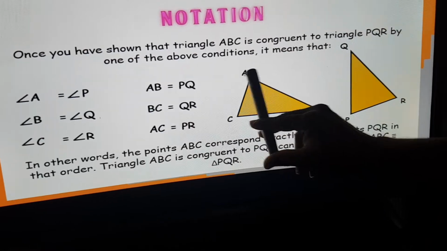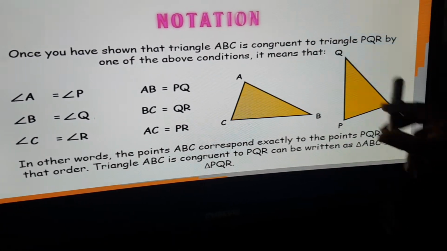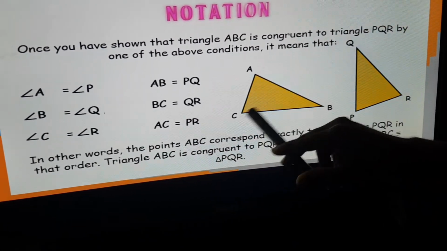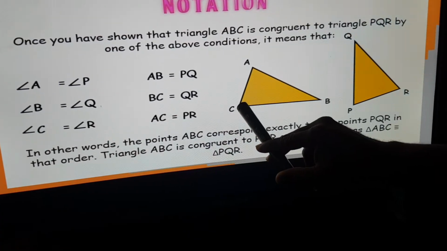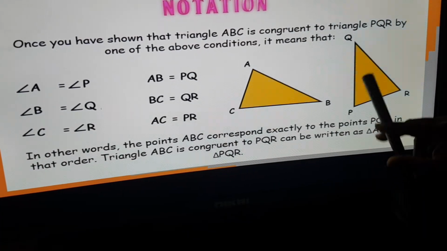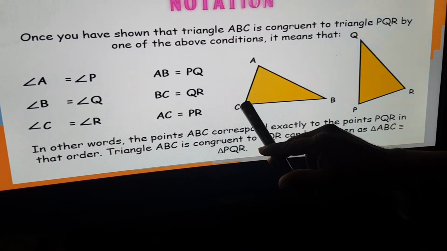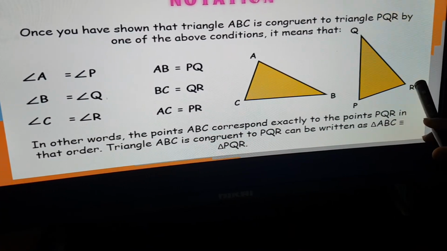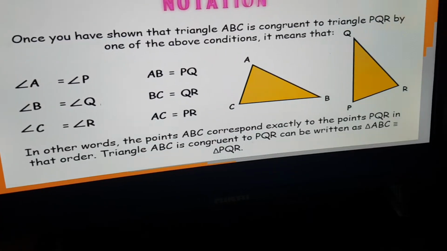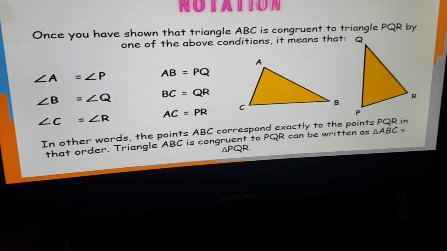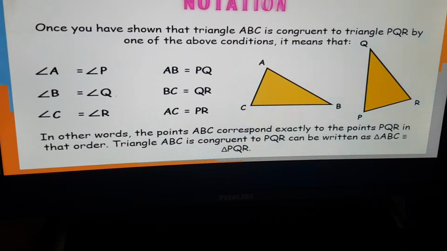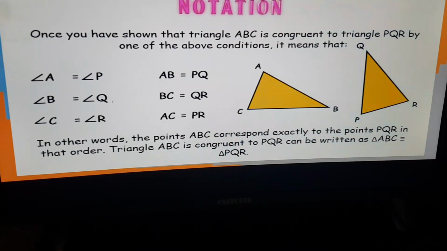Side AB is equal to PQ. Side BC is equal to side QR. Side AC is equal to side PR. These are the conditions necessary for two triangles to be congruent.